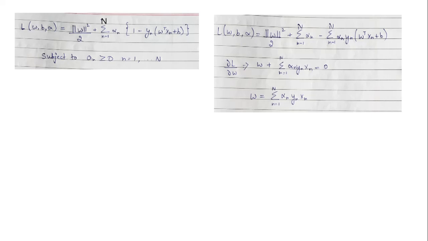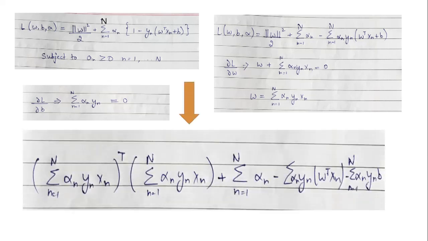The same we will do with respect to beta and get sigma of alpha n into yn. Now we will feed these values into the generalized equation to get the dual optimized function as shown on the screen. If you can see, we can directly eliminate the last term, that is sigma of alpha n into yn into beta, as we got the derivative of this term as 0, which we have seen just now.